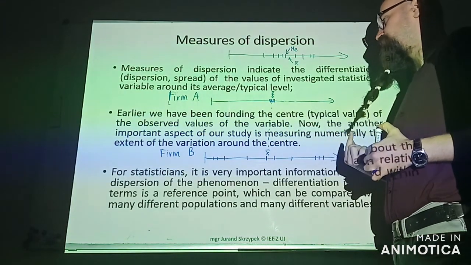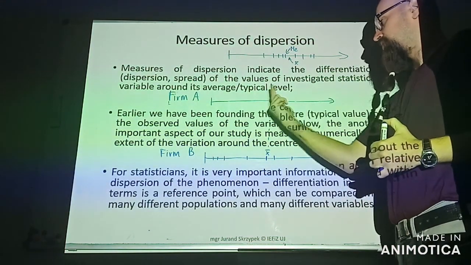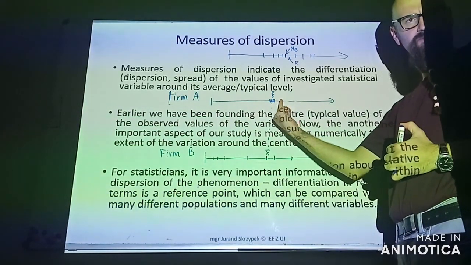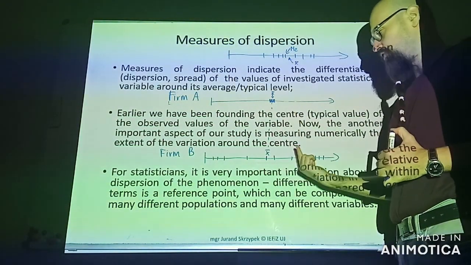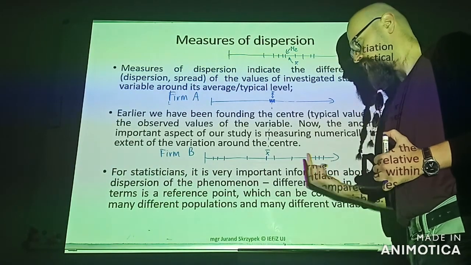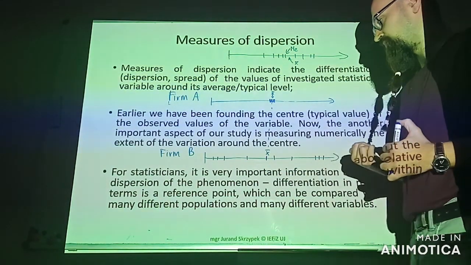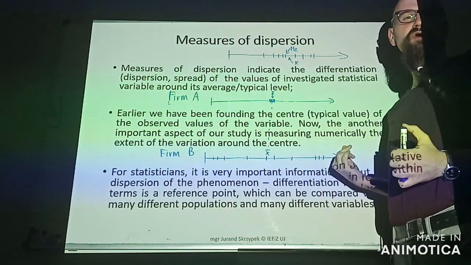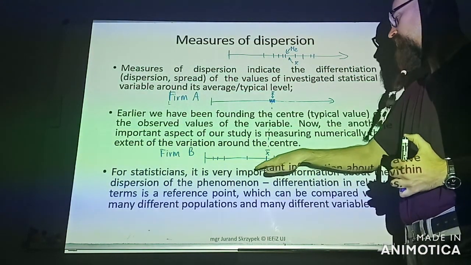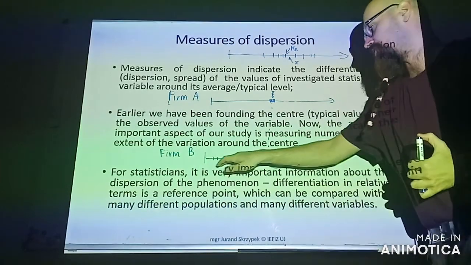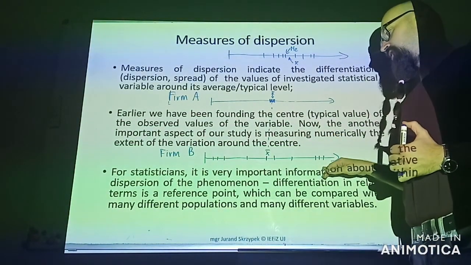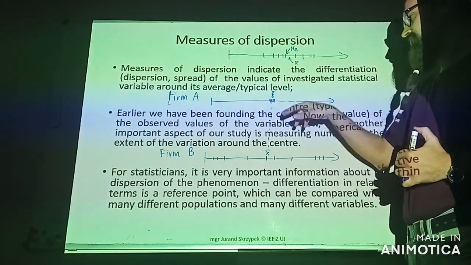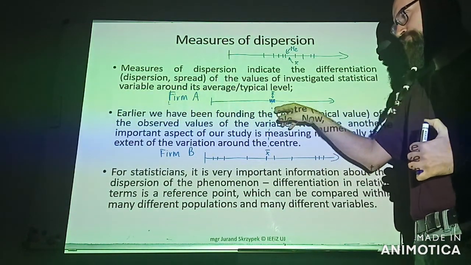In this firm, the employees are similar to each other in point of view of monthly wages. In this firm, the employees are different from each other in point of view of monthly wages. Here, monthly wages are more differentiated than in this firm.